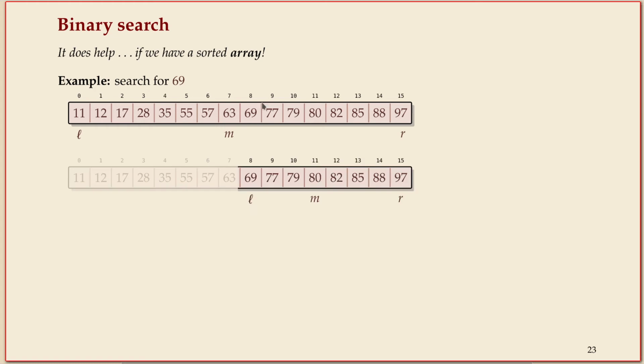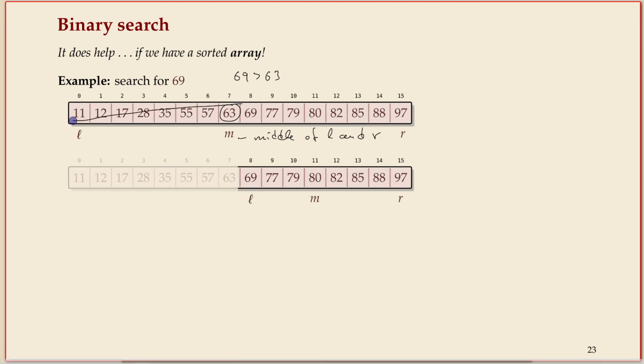So what we do is we compare 69 with this middle point. So M is in the middle of L and R. And we find that here 69 is bigger. What does that mean? Well, the list is sorted, so everything that comes before 63 is even smaller than 63, which was already too small.